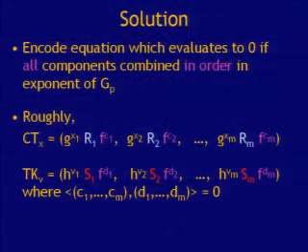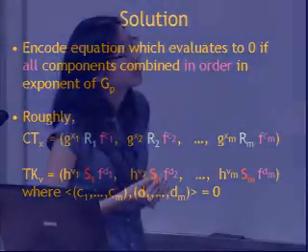So the solution to that is in the exponent of the GP subgroup, we encode an equation which evaluates to 0 if all of the components are combined and in the right order. So roughly what we do is in the ciphertext, we multiply in these terms f to the C1 through f to the Cm.